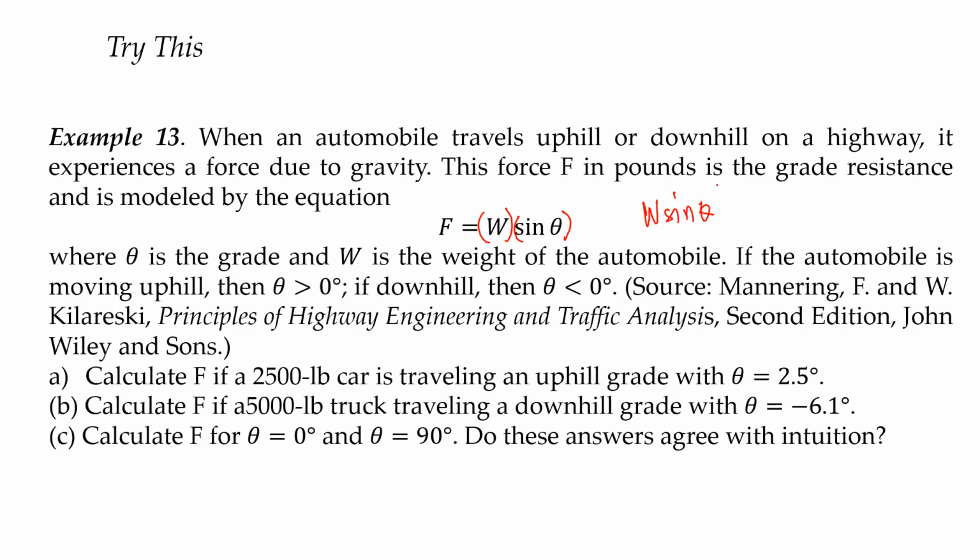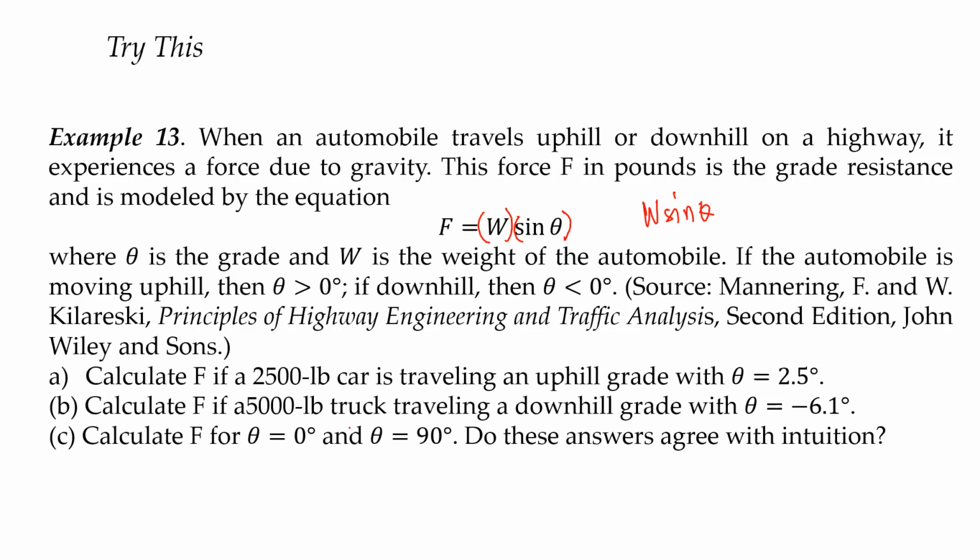Letter B. Calculate F if a 5,000 pound truck is traveling a downhill grade with theta is equal to negative 6.1 degrees, and calculate force F for theta 0 degrees and for theta 90 degrees. Do these answers agree with your intuition? And later on, we will decide what those intuitions are, especially if our theta is 0 and our theta is 90 degrees. Okay?